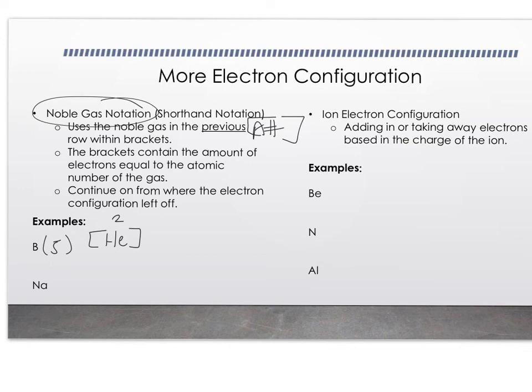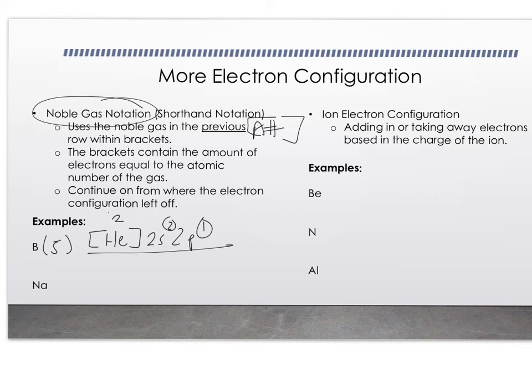So I ended at the 1s2 block, so then I continue on with my 2s2 and then my 2p1. Now I have 2 electrons within the brackets, plus 2 is 4, plus this 1 would be 5 total electrons, hence this is the shorthand notation of boron.